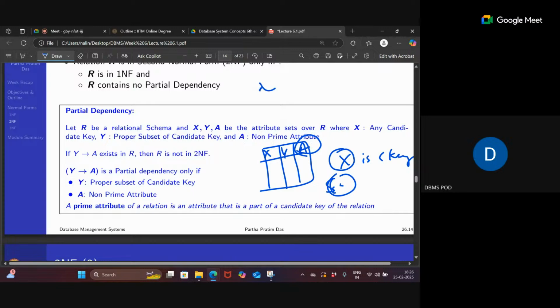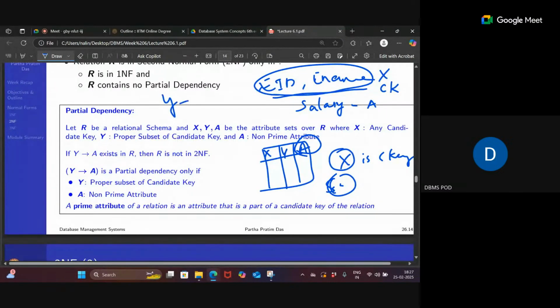Employee ID, I am writing it as EID, and ename. Let us say this together is the candidate key, and there is one non-prime attribute, let us say salary. Salary is a non-prime attribute. Here it is A, and this together is X, which is our candidate key.